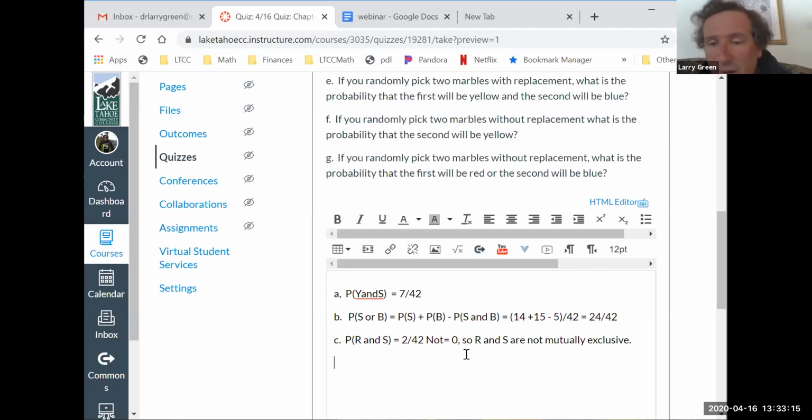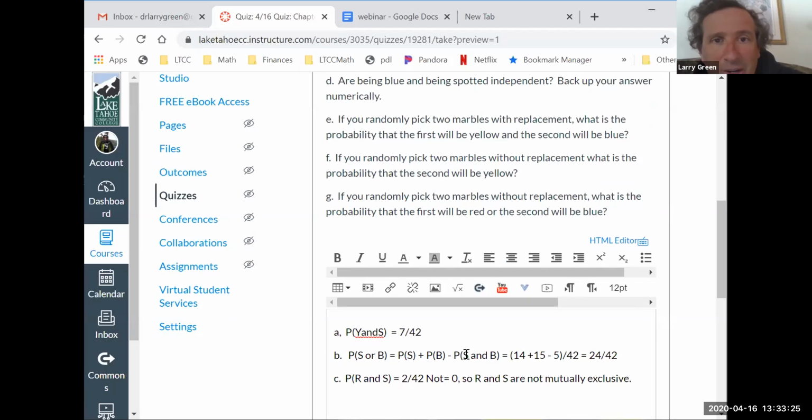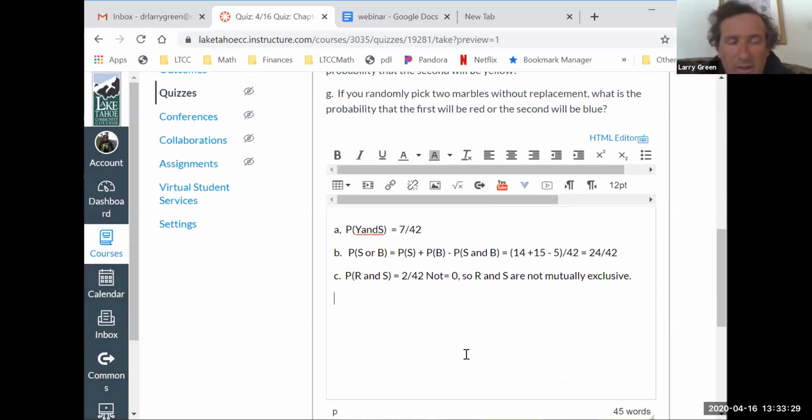Any questions on part C? Okay, so now we go to part D. Are being blue and being spotted independent? Back up your answer numerically. So we're looking at blue spotted. And there's different choices.